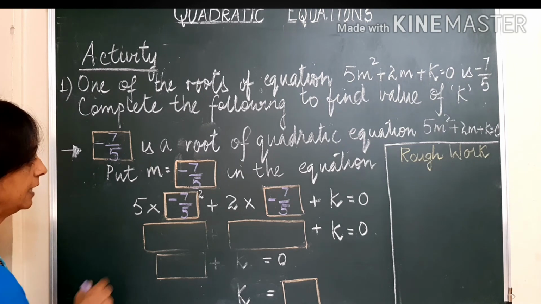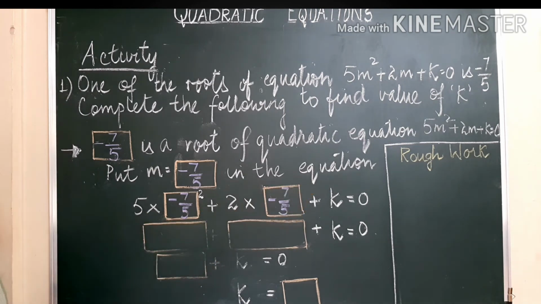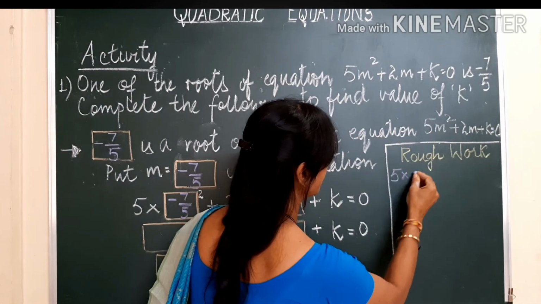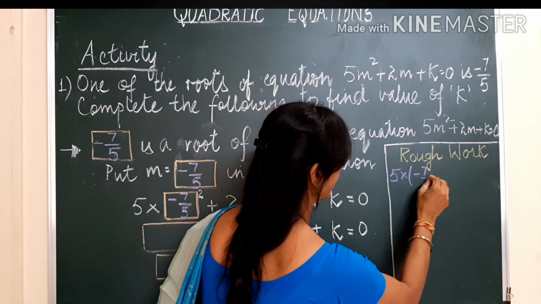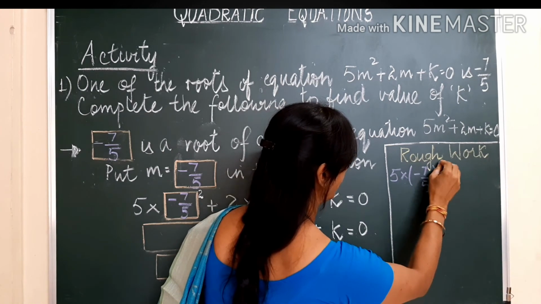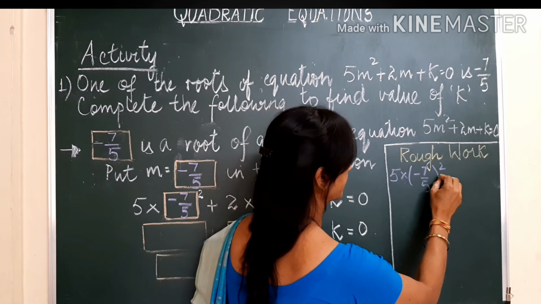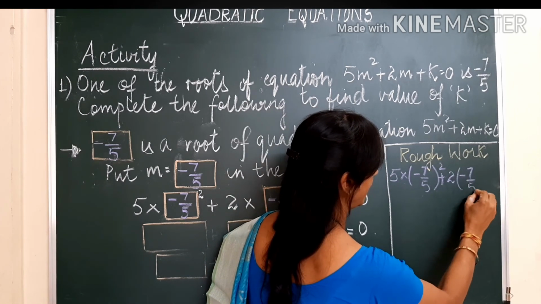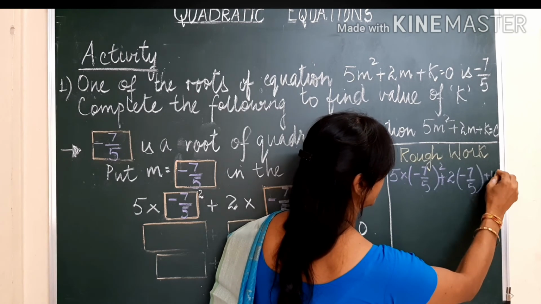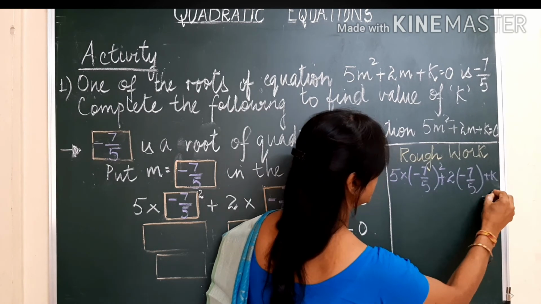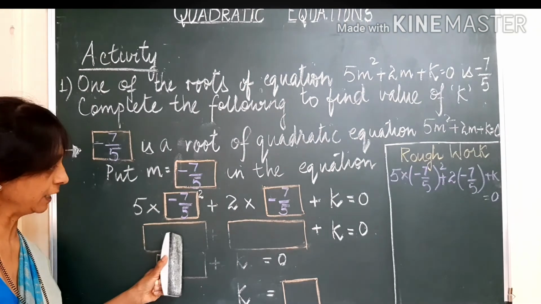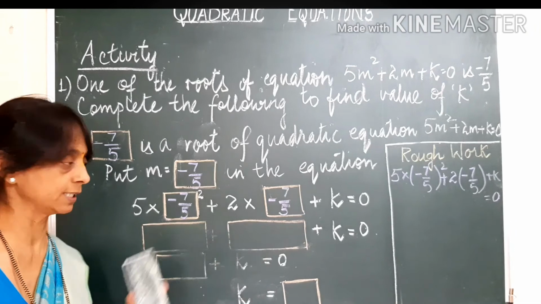Over here children, let's solve this in the rough work column so that we do not go wrong. 5 into minus 7 upon 5 the whole square plus 2 into minus 7 upon 5 plus k, which is equal to 0. I've just rewritten it in the rough work column so that we know what are the answers of these boxes, right?